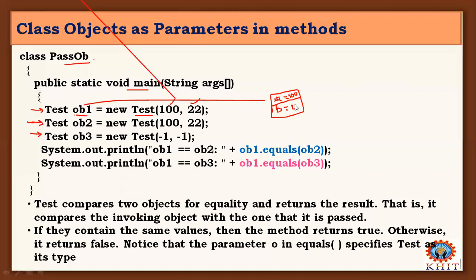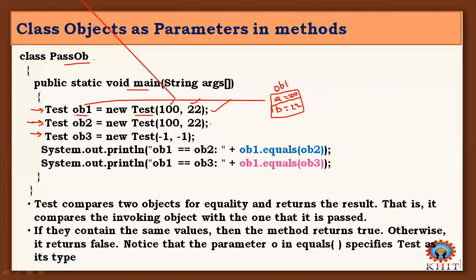For every object, these instance variables get separate memory, right? The memory reference for this memory is object 1. This is what happens in memory when the compiler executes this statement.